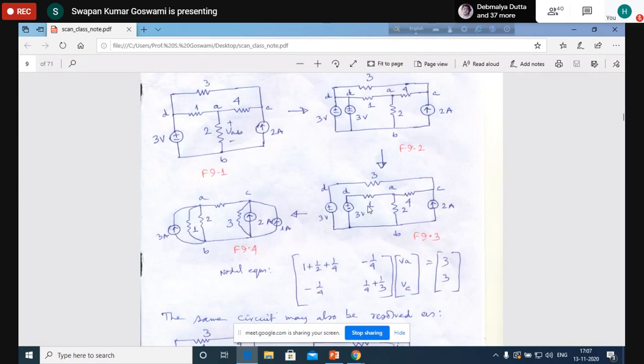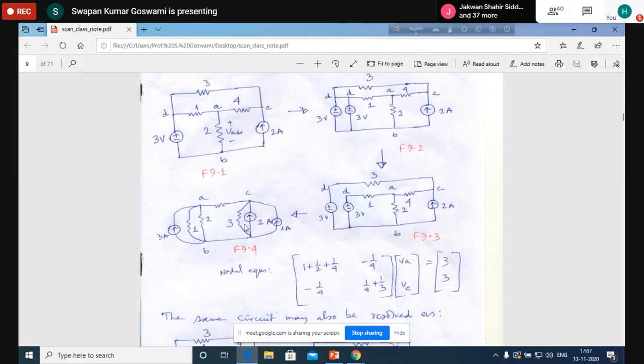This 1 ohm will be in parallel between A and B. Between A and B it is connected, and 2 ohm was already there. So from this figure where we had voltage sources, we have converted all these sources into current sources, and this is the final figure. Is it clear now? Yes, sir.